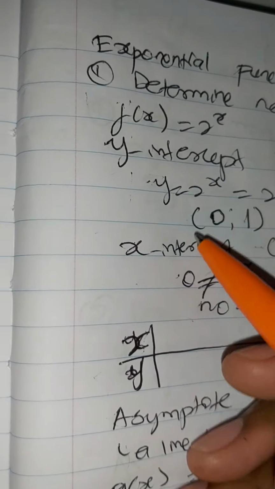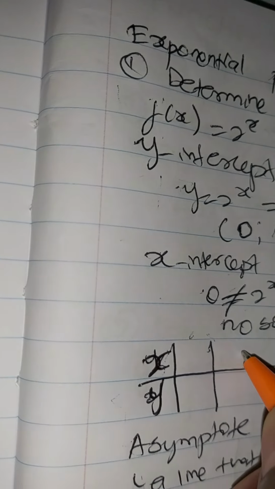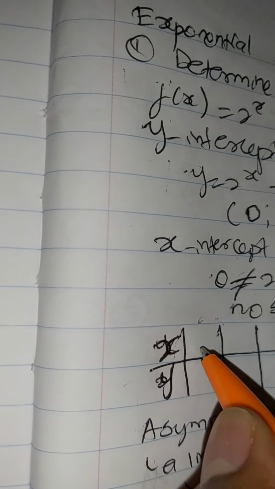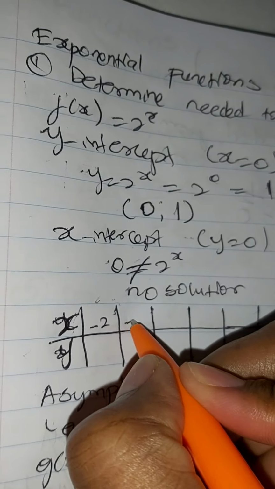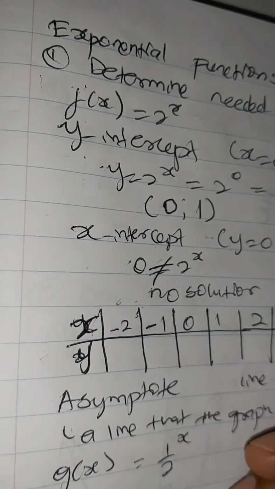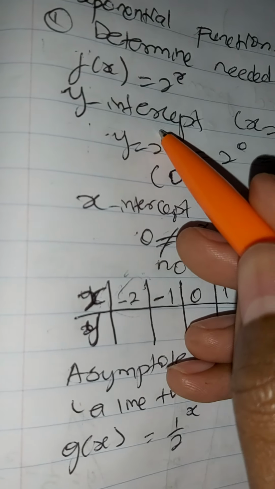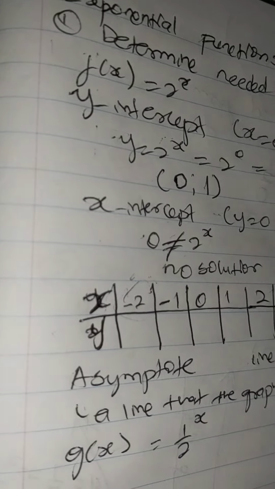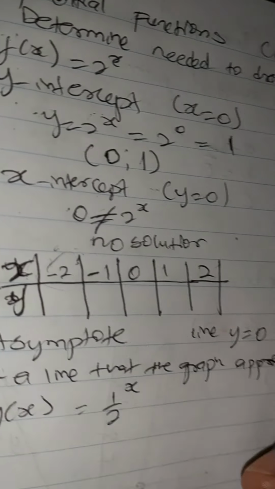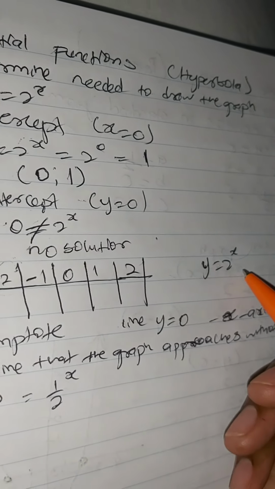So we substitute, you just choose values on your number line. We use -2, -1, 0, 1 and 2. So if x is -2, we put the value here. We've got y is 2 exponent x, right? So we replace the x values there.